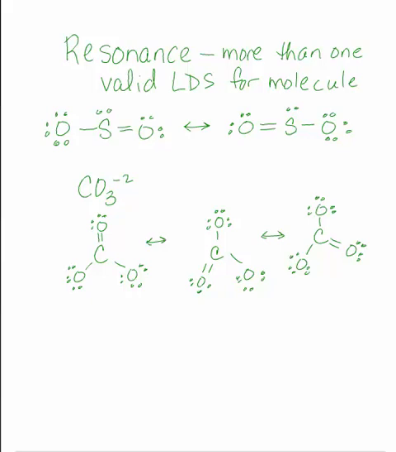A third example would be the NO3 minus 1 molecule. Now that has three resonance structures, much like the CO3 minus 2. So there's the resonance structure that has the double bond going up from the nitrogen. There is the resonance structure where the double bond is going down and to the left of the nitrogen.